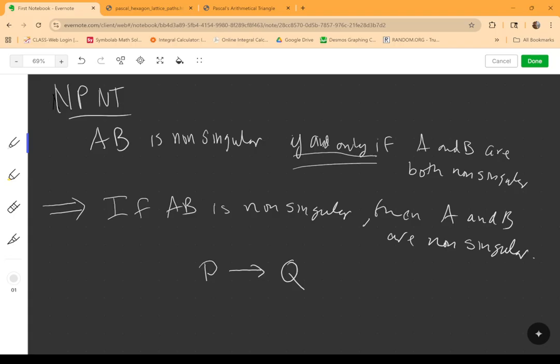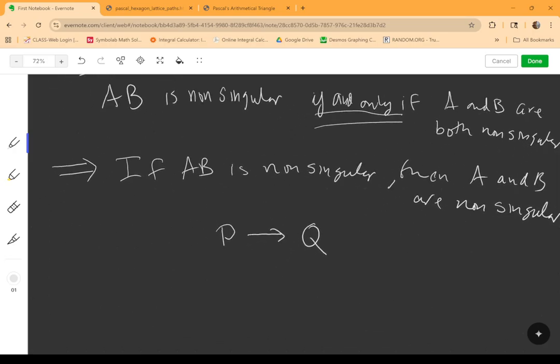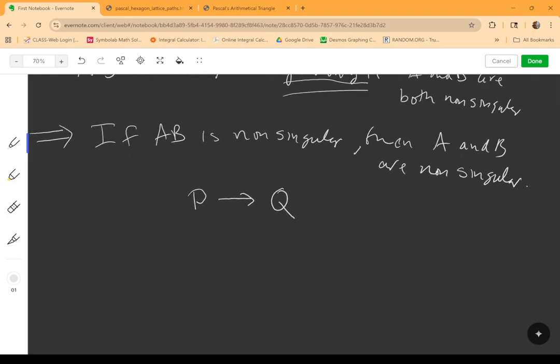So I'm going to construct a proof, but I'm going to take a different approach. I'm not going to go straight to what's called a direct proof, where I focus on my statement P and use that to prove my statement Q. Instead, I'm going to focus on something called the contrapositive.